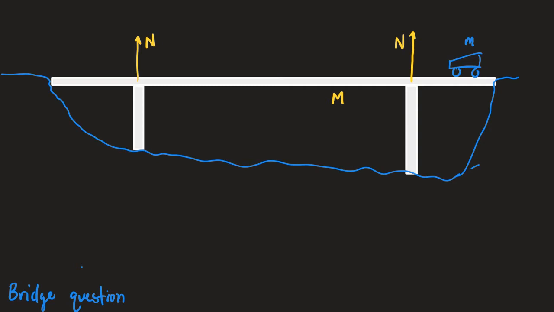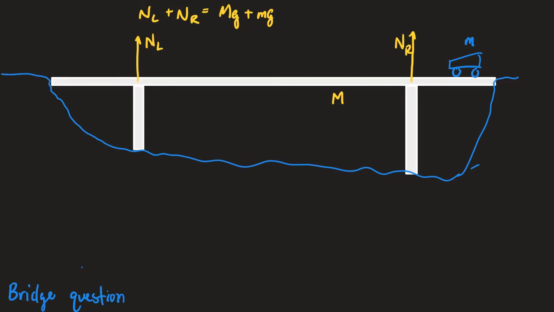Because truthfully, there's the normal force on the left and the normal force on the right. And there's no reason to believe they are the same. I do know that the normal force on the left plus the normal force on the right has to equal the weight of the bridge and the weight of the car. I know that has to be true.